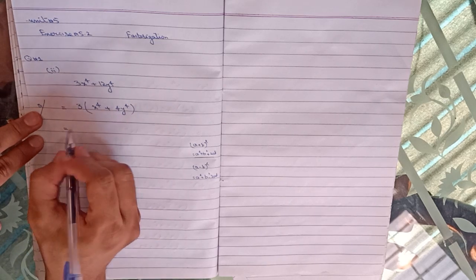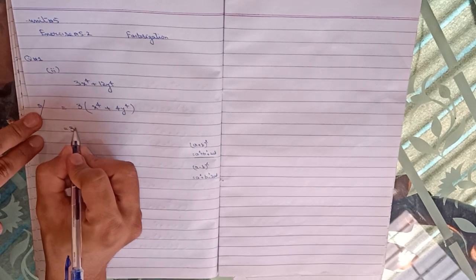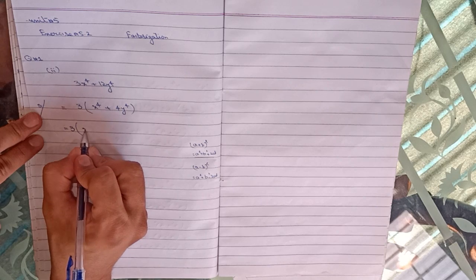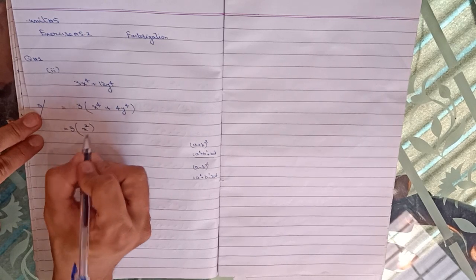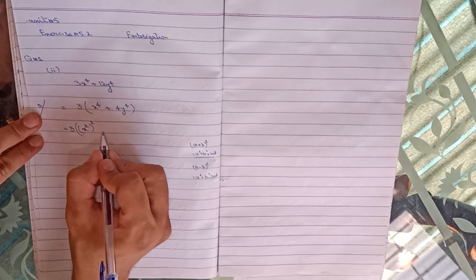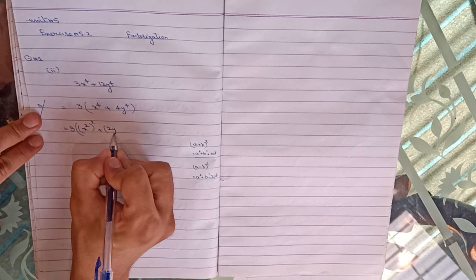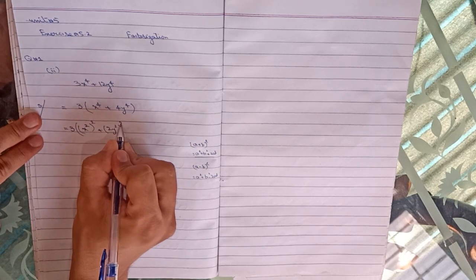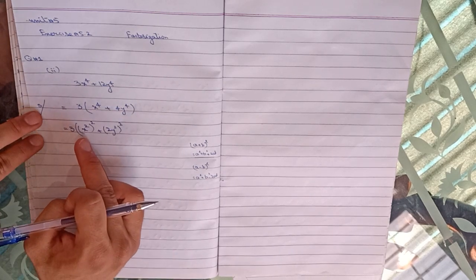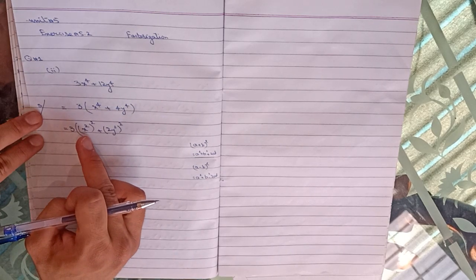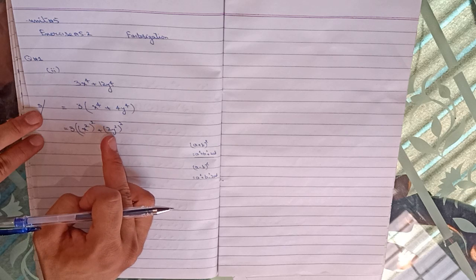Let's see. 3 will remain as it is. x^4 is our a squared, that can be written as (x^2)^2, and 4y^4 is our b squared, that can be written as (2y^2)^2. Now we have identified that a is x^2 and b is 2y^2, so a^2 + b^2.